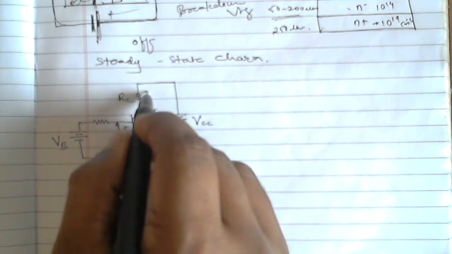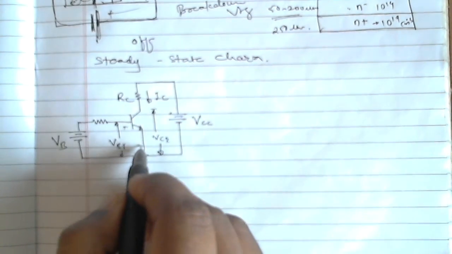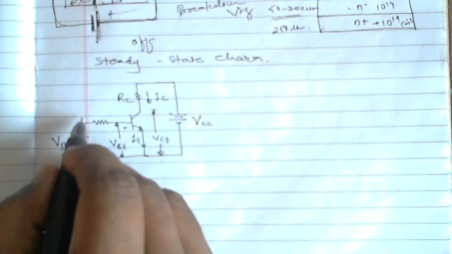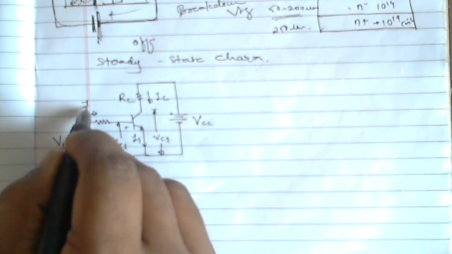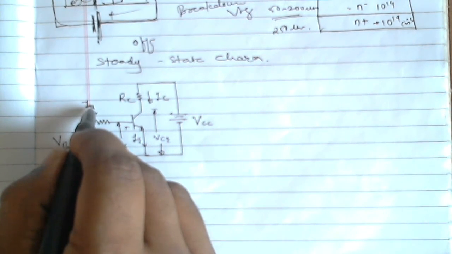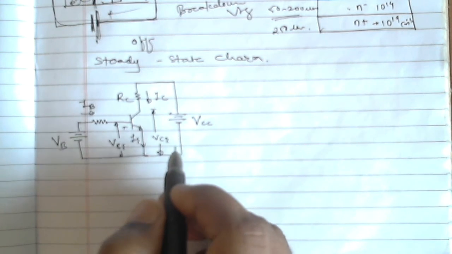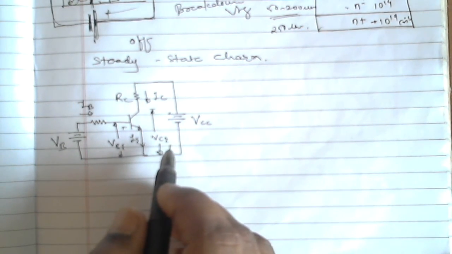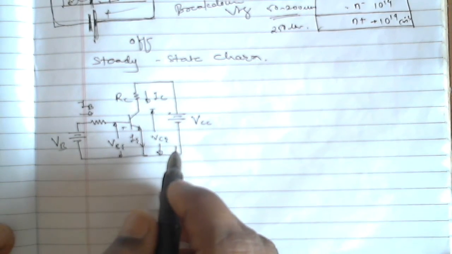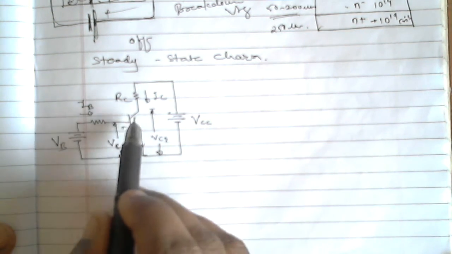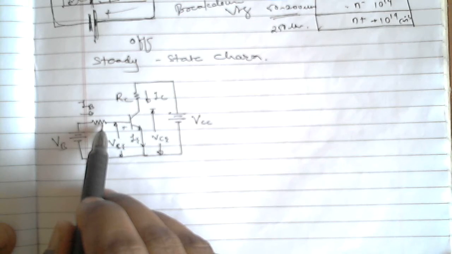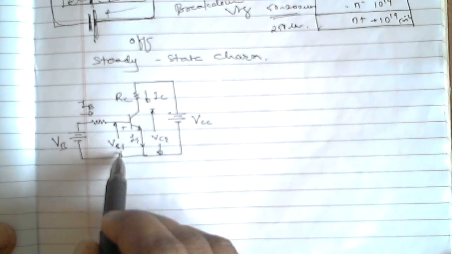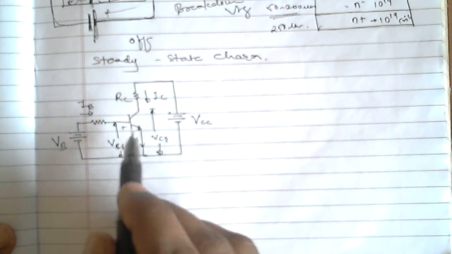Collector resistance RC, collector current IC, emitter current IE, base current IB. So this is how its general circuit is. Now the graph between base current IB and base emitter voltage VB gives the input characteristics.